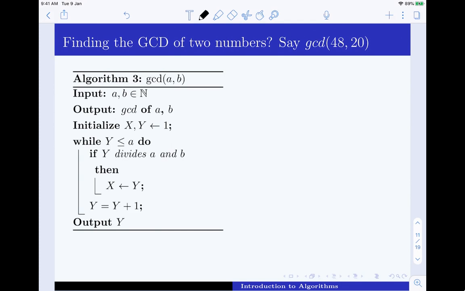So I have written up this algorithm for finding the GCD in the trivial way. If you are familiar with any programming language, C, C++, you would possibly understand this kind of writing.